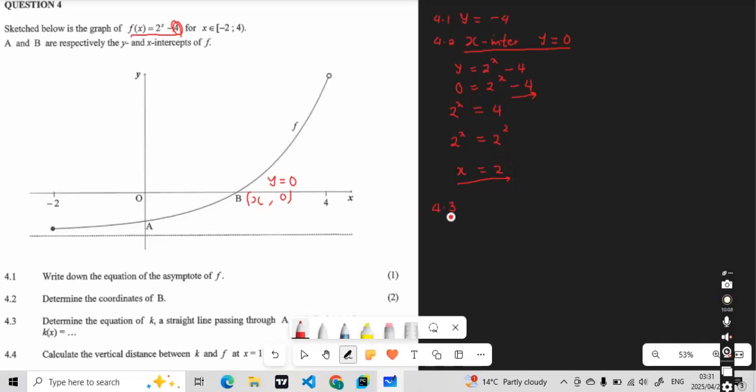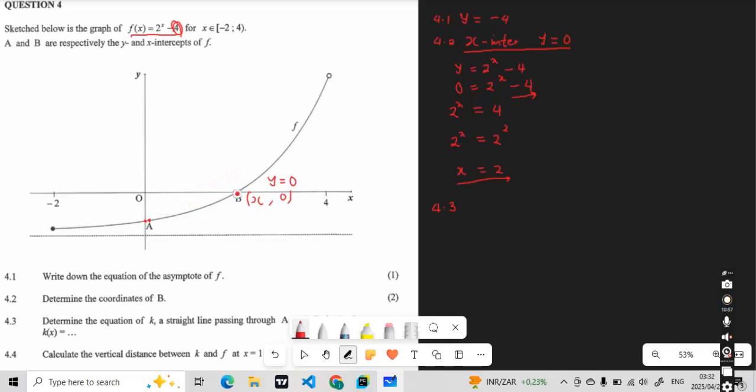For 4.3, they say you must determine the equation of k, a straight line passing through A and B, in the form k of x equals, okay. This is a straight line passing through A and B, where A is here.